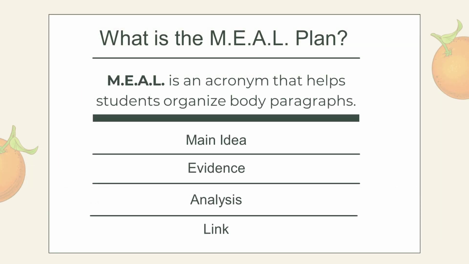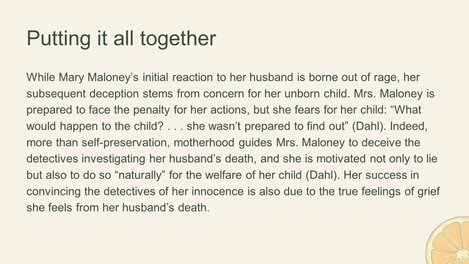All right, so when you put all of these together, the main idea, the evidence, the analysis, and the link, you should get a paragraph that looks something like this. While Mary Maloney's initial reaction to her husband is born out of rage, her subsequent deception stems from concern for her unborn child. Mrs. Maloney is prepared to face the penalty for her actions, but she fears for her child. What would happen to the child? She wasn't prepared to find out.